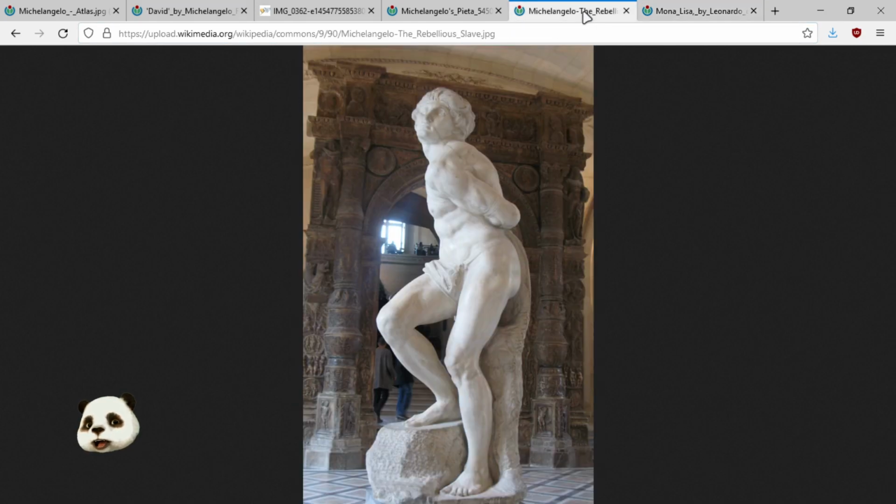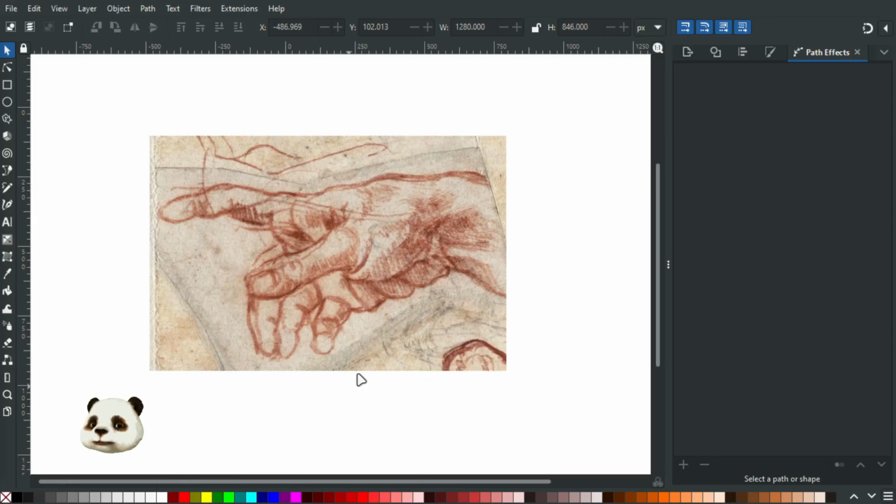Michelangelo loved to put this, I would say, sort of a torture position, because even if we look at our hand, try to keep your hand into this position, and you will see it's extremely uncomfortable to keep it like this.